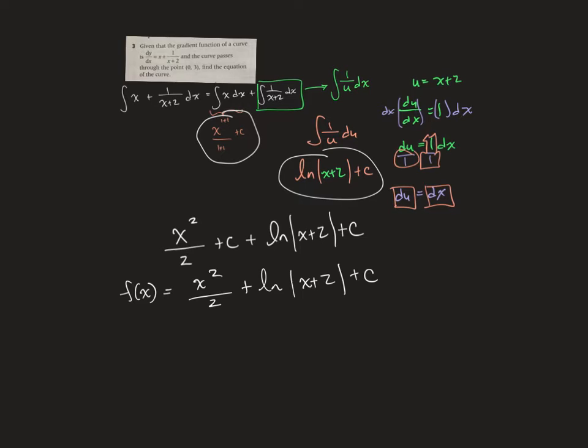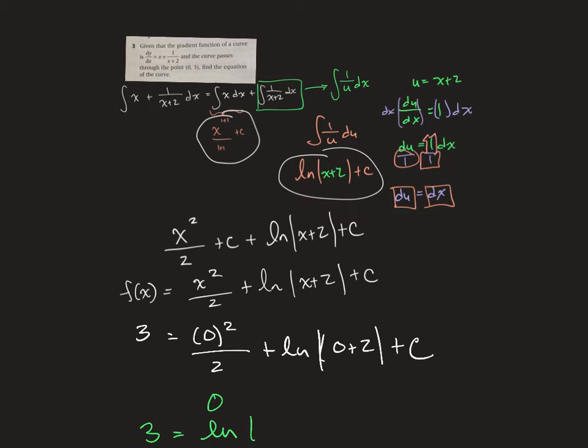And what we're going to get is that y is 3 and x is 0, which will give me, obviously, 0 here. And so we get that 3 is the same as ln of 2 plus c. So then c is going to be 3 minus the natural log of 2.